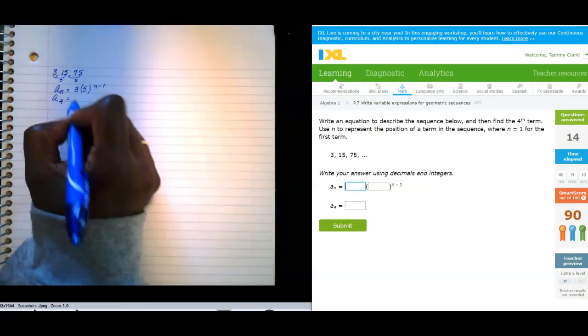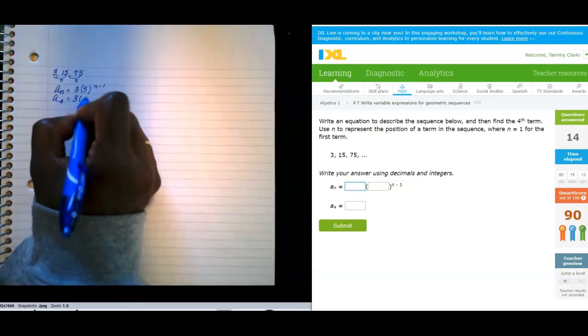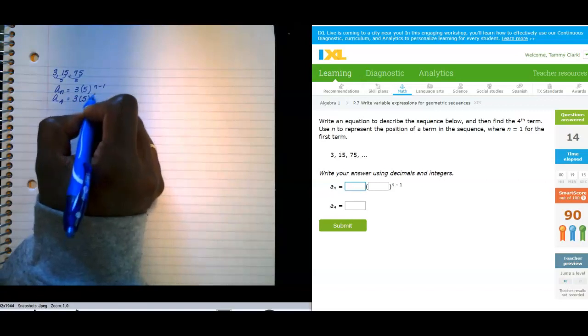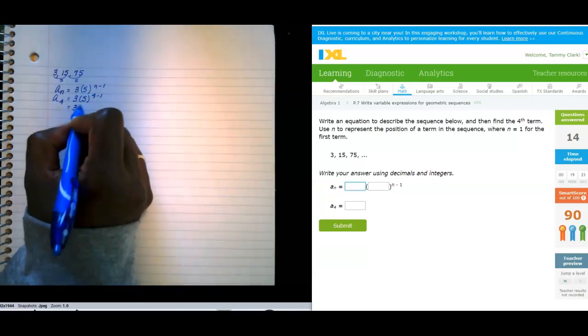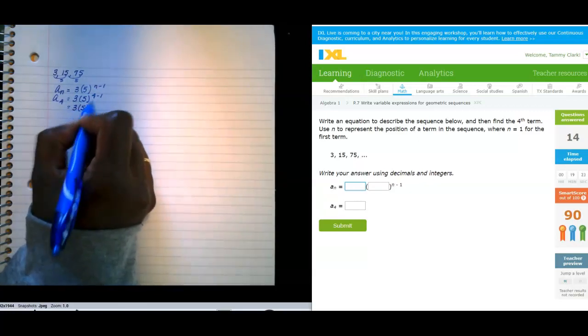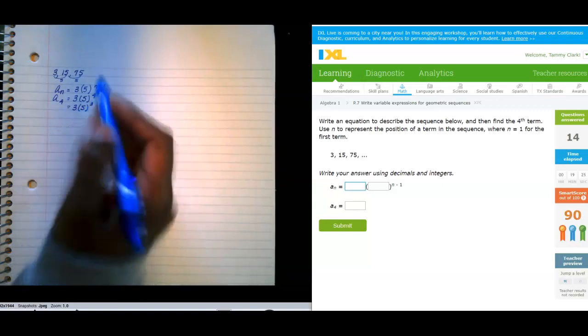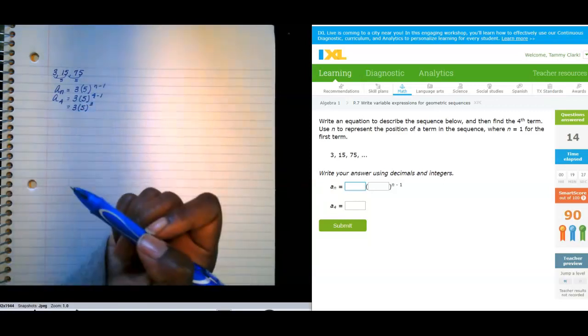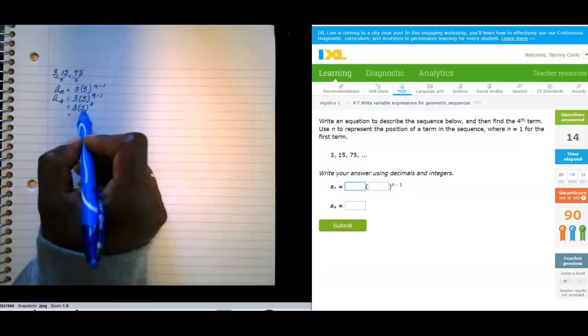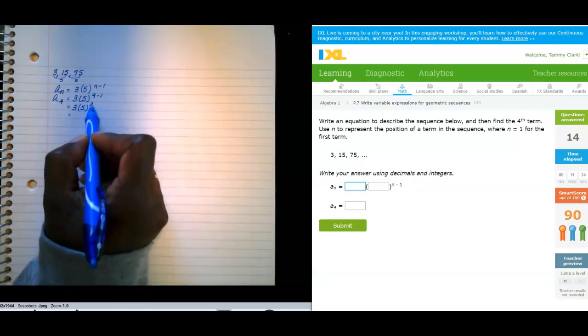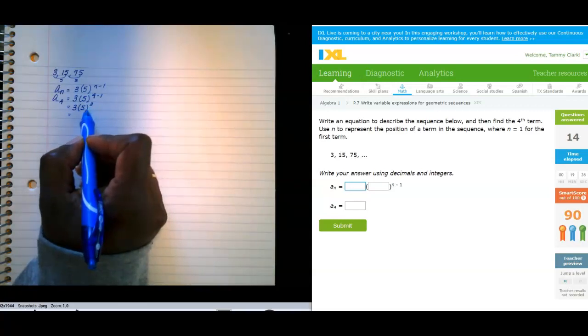So to do that, we would do 3 multiplied by 5, 4, so we would replace n with 4 minus 1. And then we would do 3 multiplied by 5 raised to the third power, because 4 minus 1 is 3.